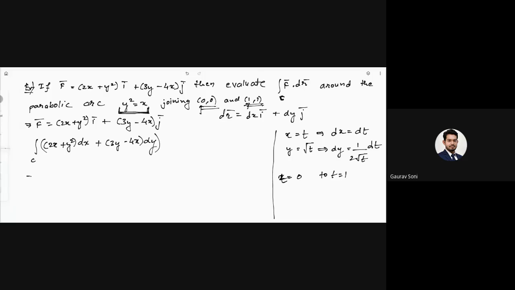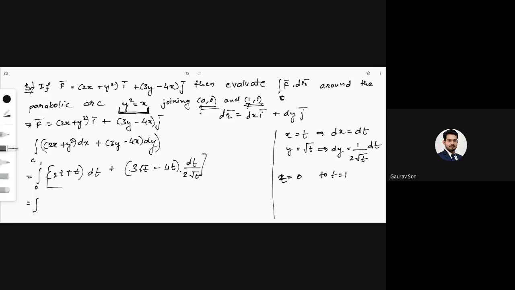Put these values, integral 0 to 1. 2x will become 2t plus t square will become t. What is dx? dt. Plus 3y is nothing but 3 under root t minus 4t. What is dy? dt upon 2 root t. Let's simplify this.